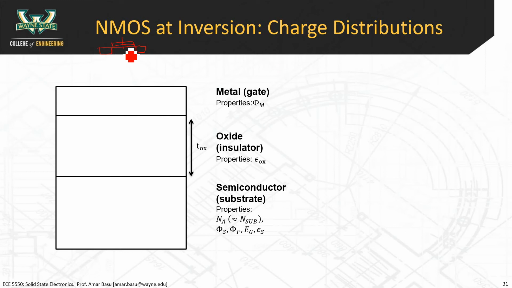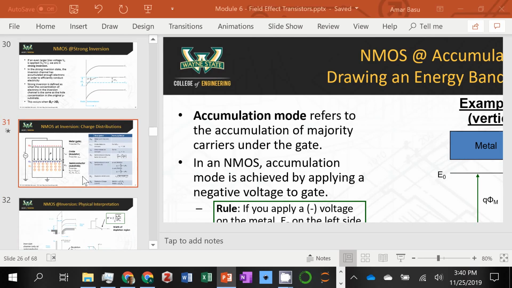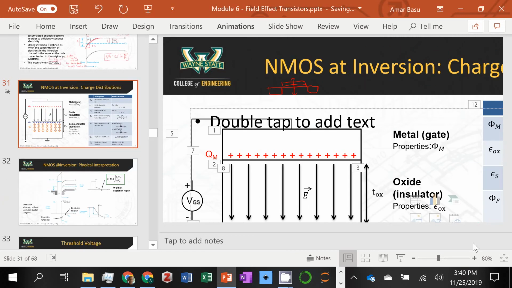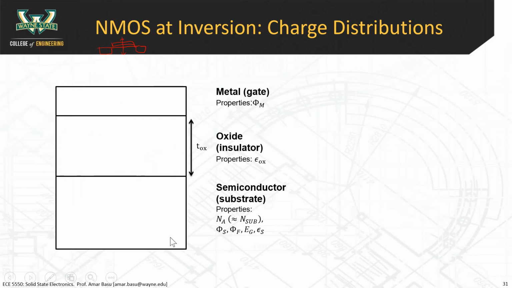So we're looking in this region here. All right, so there's metal, the oxide, which has a certain thickness, and then you have the semiconductor underneath it.